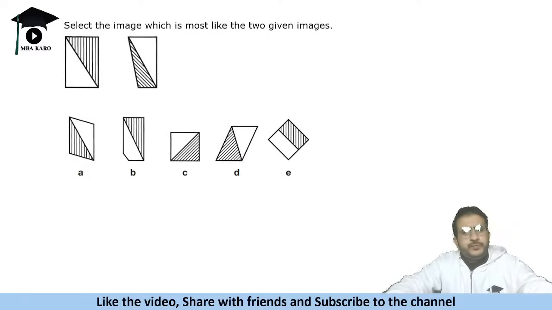Select the image which is most like the given two images. So we are given two images, they have something in common. We have to select that image which is most like the given images.